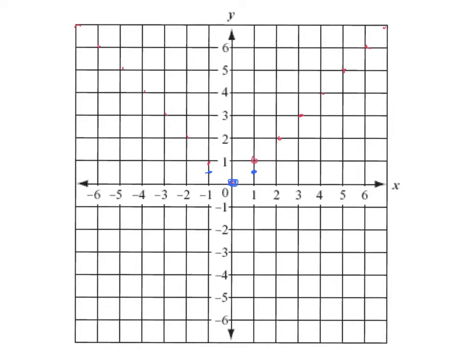And -1, 0.5. So the x's don't change, it's just the y's. At 2, 2, 2 divided in half, 1. Same thing on this side. 3 reduced in half, 1.5. 4 reduced in half, 2. And then we can continue this pattern, but I think you get the idea.